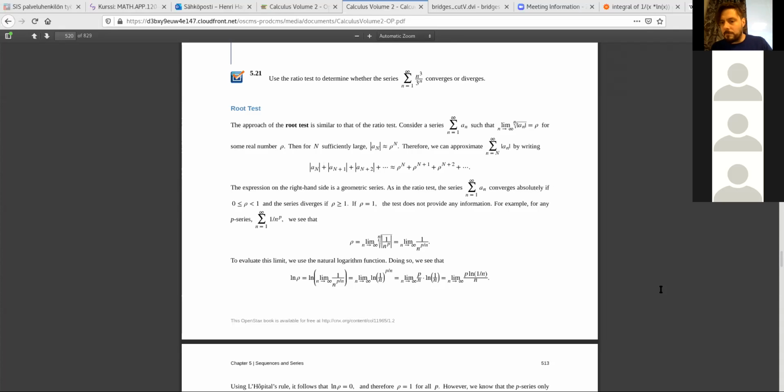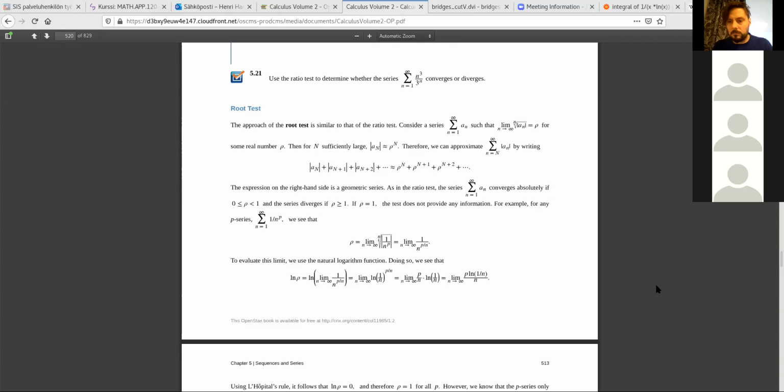And then you can write this as n to the 3 plus 3n squared plus 3n plus 1 over 3n to the 3, which, if you look at the limit, is equal to 1 over 3.